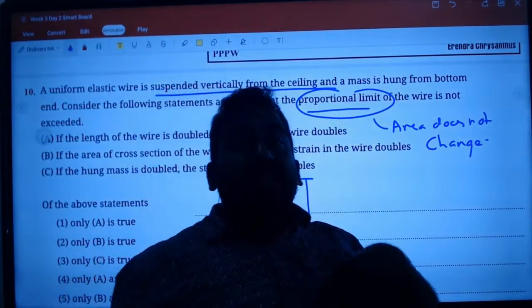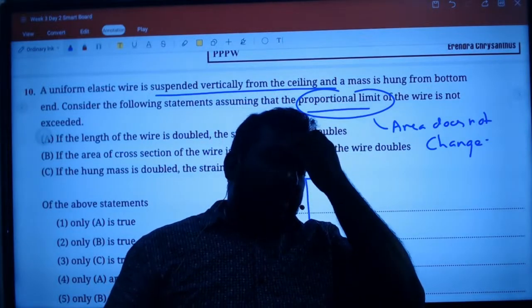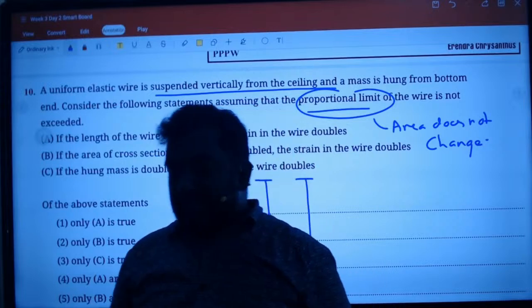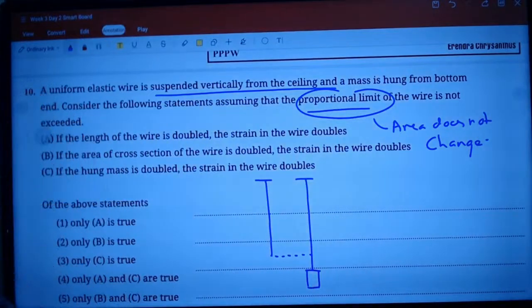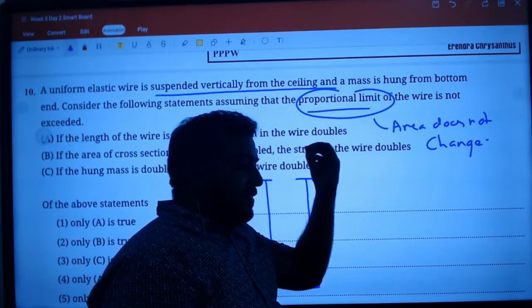Remember, you have elastic deformation and plastic deformation. Only in plastic deformation will cross-sectional area change. Right there, a small sentence. When a metal deforms, there is an elastic region as well as a plastic region.